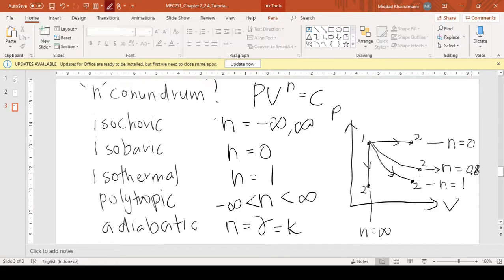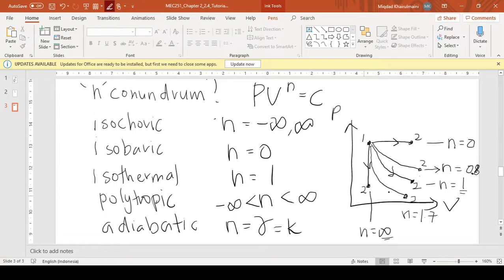Let's say for the polytropic process the index number is greater than 1, say 1.7. So 1.7 is between 1 and infinity, so the process line for n equals 1.7 is somewhere between 1 and infinity.